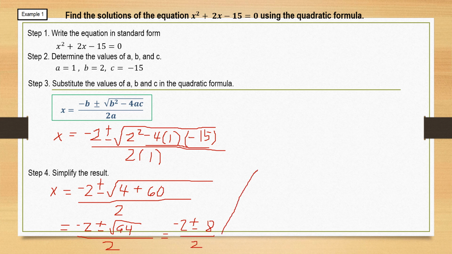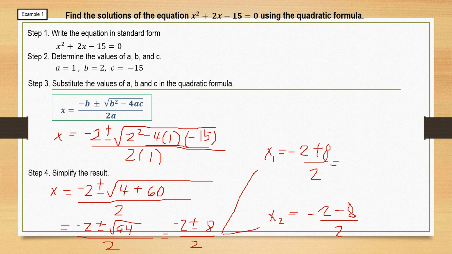So for x sub 1, we have negative 2 plus 8 all over 2. For x sub 2, we have negative 2 minus 8 all over 2.